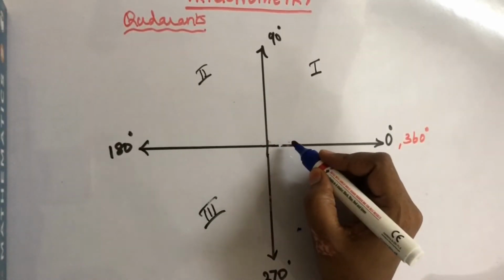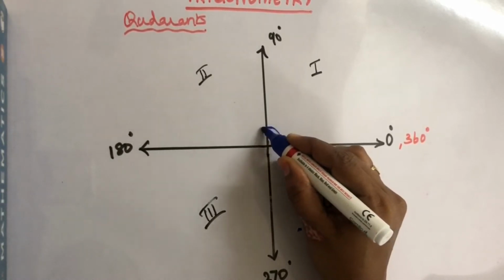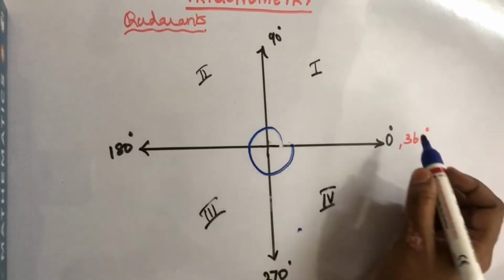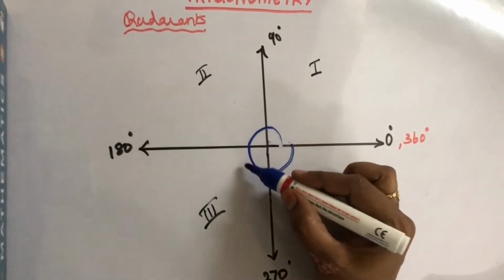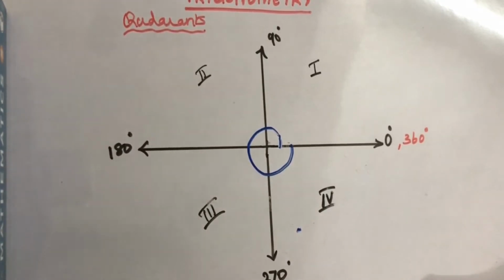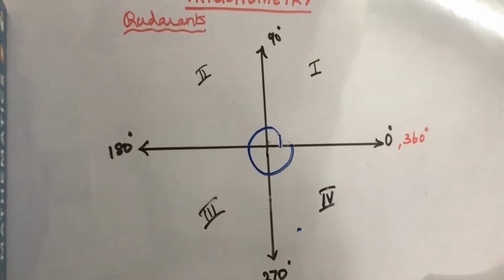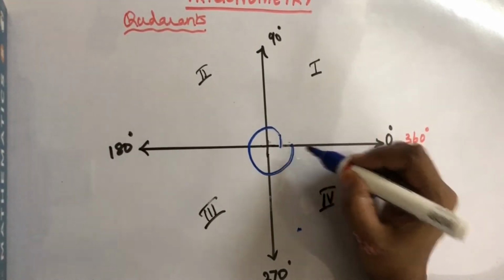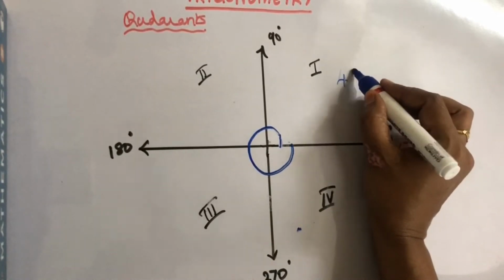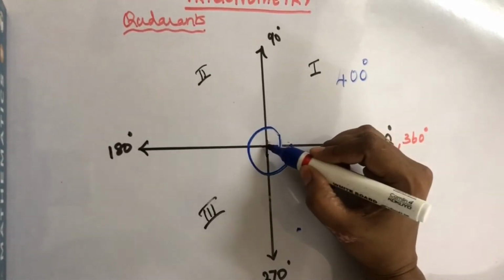I start from 0 and take one complete rotation in the anti-clockwise direction, and it results in 360 degrees. After one complete rotation, it measures 360 degrees starting from 0. So we can measure angles larger than 360 degrees also. For example, angle 400 degrees approximately comes here.